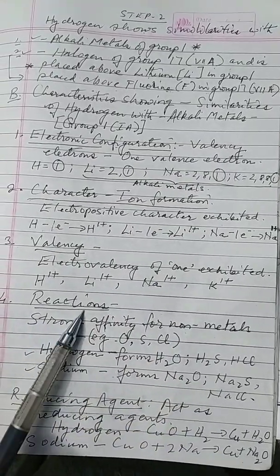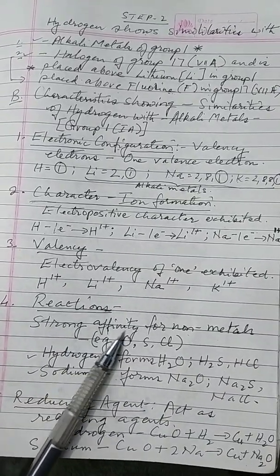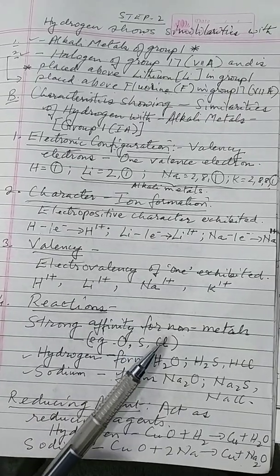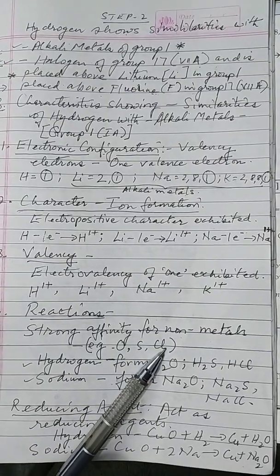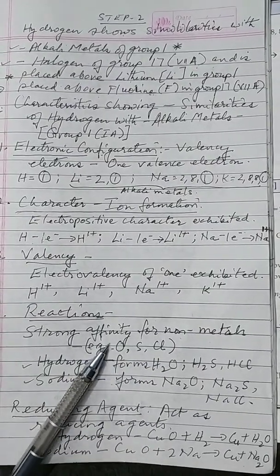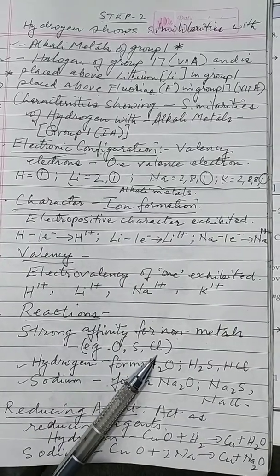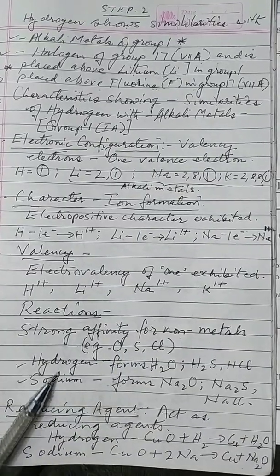Then we see the reactions also are similar, like strong affinity of the non-metals. Example, oxygen, sulfur, chlorine. These three non-metals have a close affinity or a close bond when they make compounds with hydrogen. Or oxygen, sulfur, chlorine also make compounds with sodium.